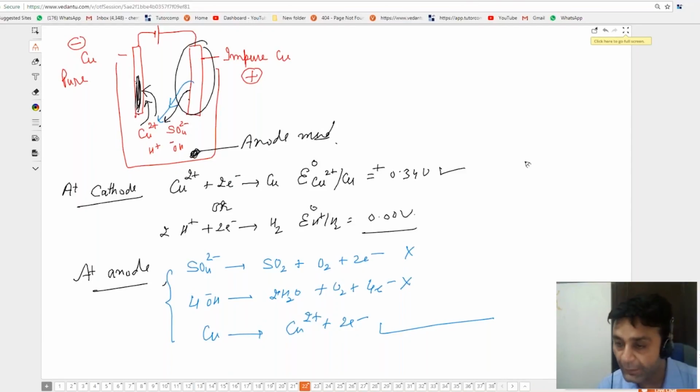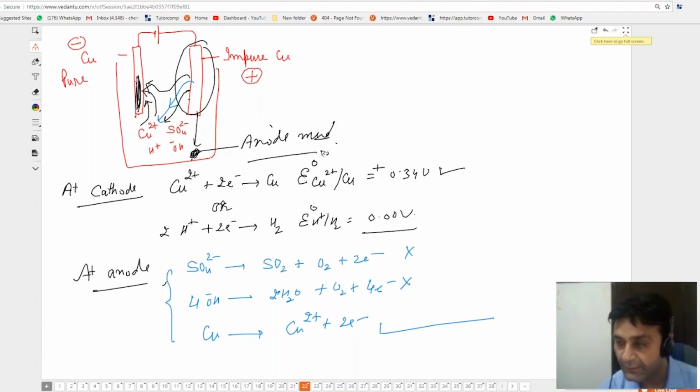Right? Anode mud, that is the impurity, is left over. From the impure copper, pure copper has gone to the pure copper. And the impurity that is left over settles down, and that is called anode mud.